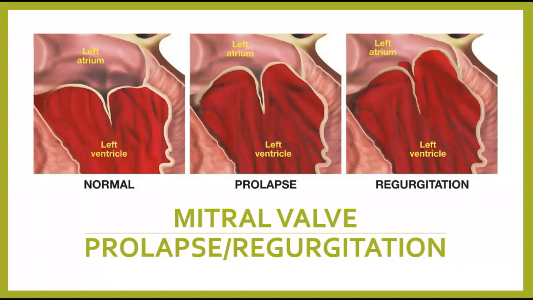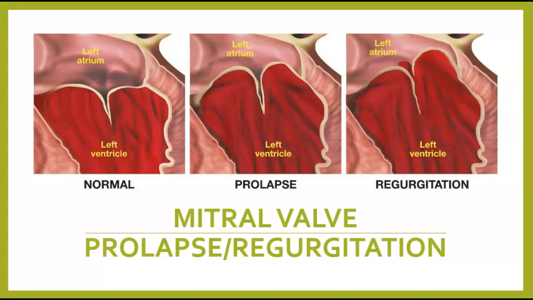Specifically talking about mitral valve regurgitation, so this is again where the mitral valve doesn't close completely and it allows some backflow of the blood into the left atrium. This can cause an increase in the blood volume in the left atrium, and that can cause left atrium enlargement. And in order to compensate to pump out more blood, that left ventricle is going to dilate.